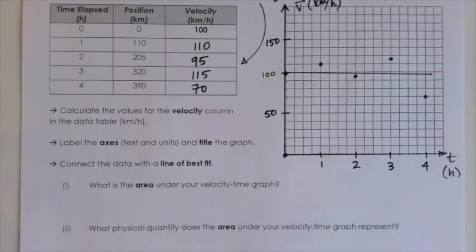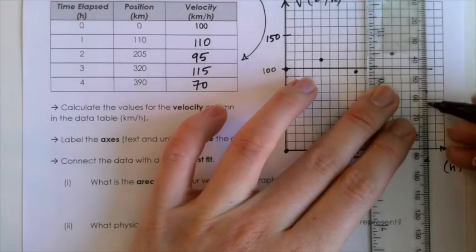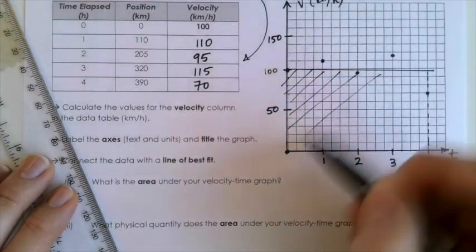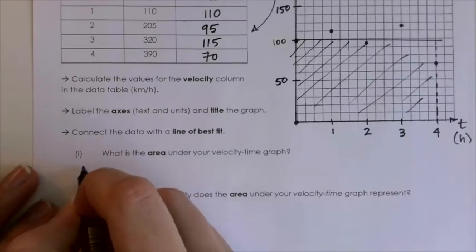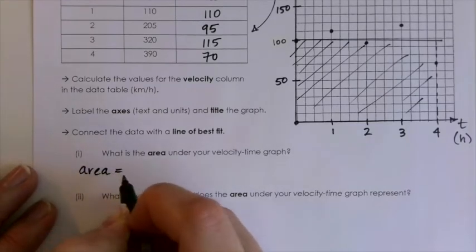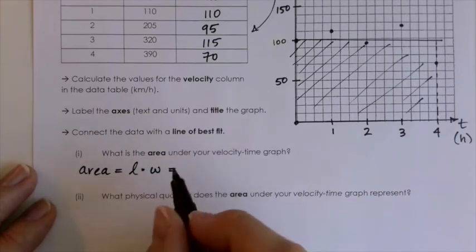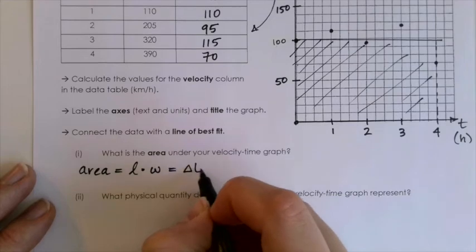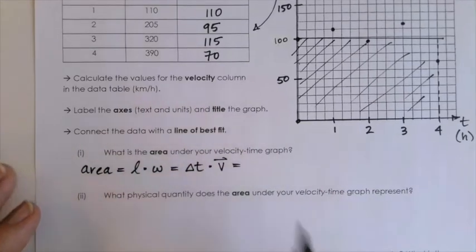You can figure that out by creating a sort of rectangle for yourself. So that's going to be the area under the curve. The area is the length times the width. Our length is time, and our width is velocity.